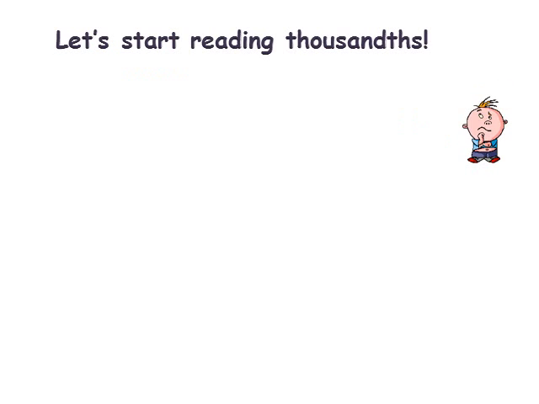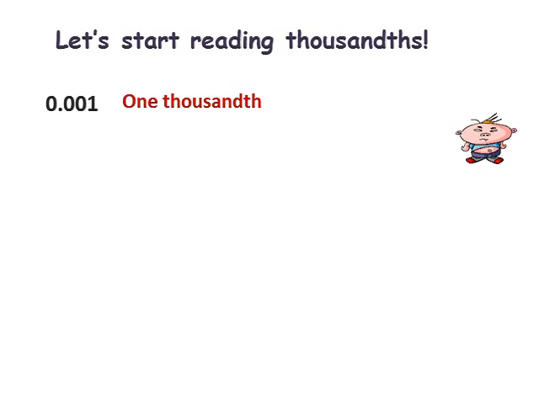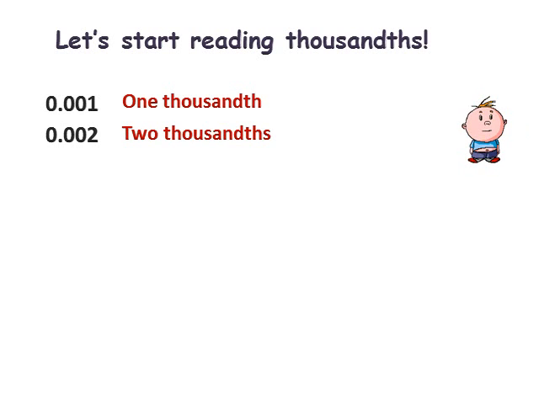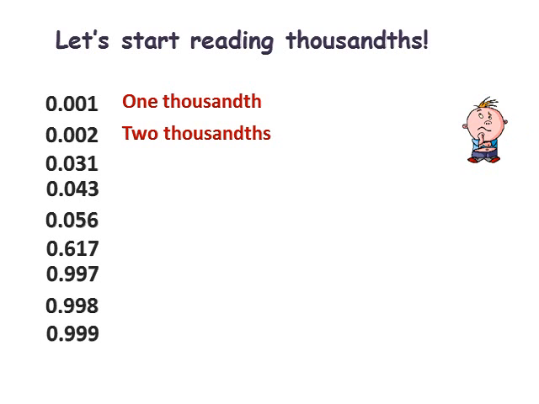Alright, so let's just start reading thousandths. Of course, I will not write all the thousandths here because that will require us to have 1,000 numbers. But for now, I'll just choose some numbers, and that's 1 thousandth, 0.001, and that's 2 thousandths. So we have a list here.